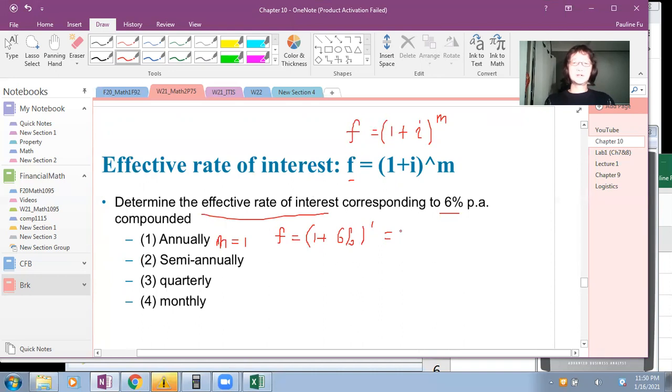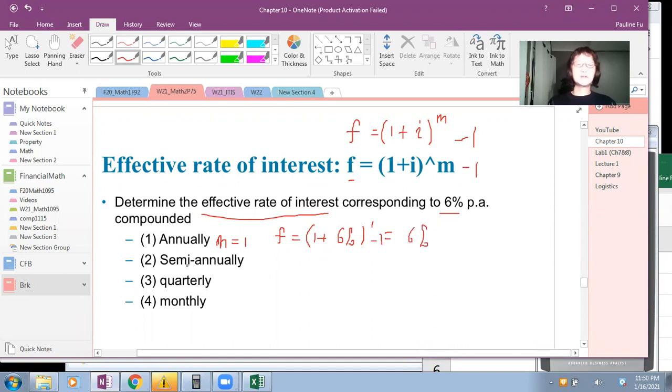Sorry, there is a missing piece, we have to subtract 1. There's a typo here, minus 1. So this one minus 1 equals 6%.